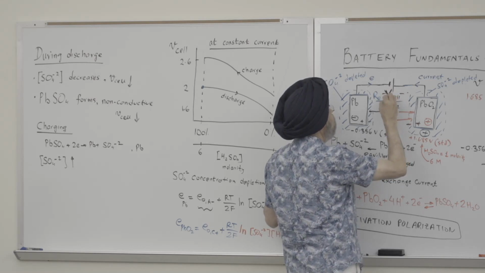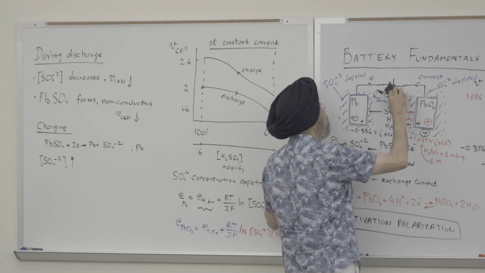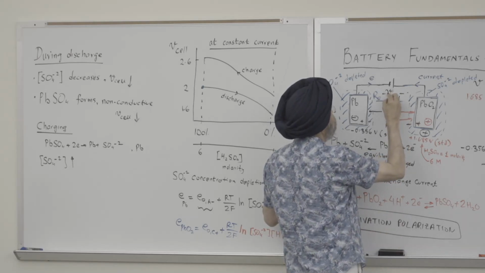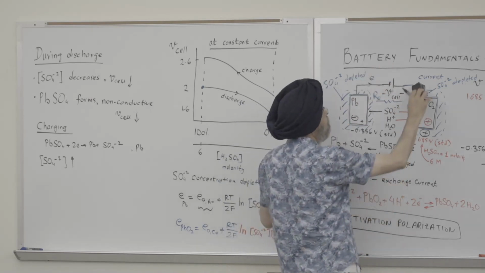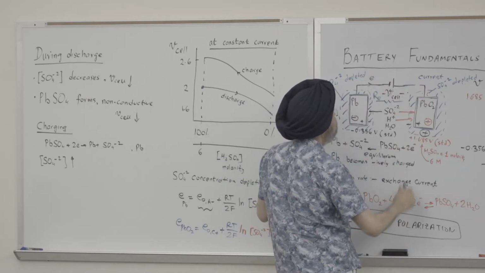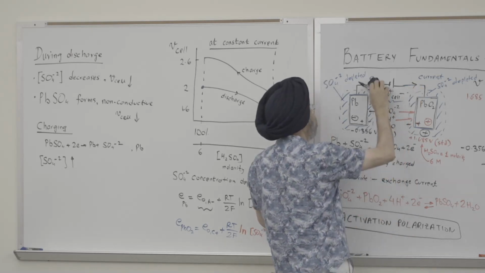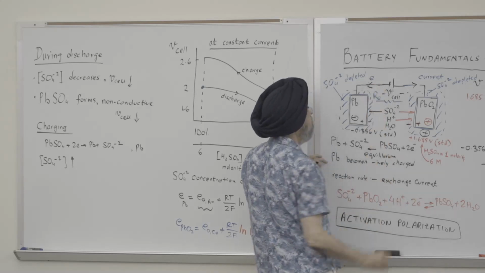Actually, it's still small, but this voltage might change because you're dealing with constant current. So we apply a certain voltage. Now the current is flowing in this direction, and the electrons are flowing in that direction.